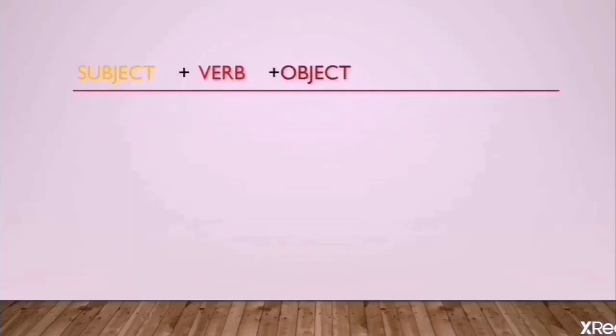This is another sentence pattern which we have already discussed, that is subject, verb, and object. I like eggs. I is a subject, like is a verb, eggs is an object.